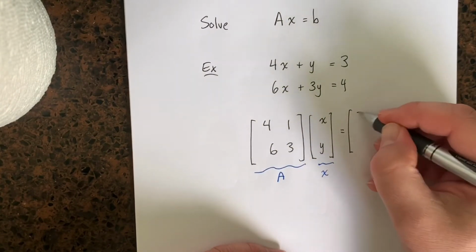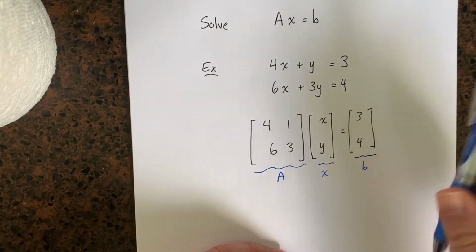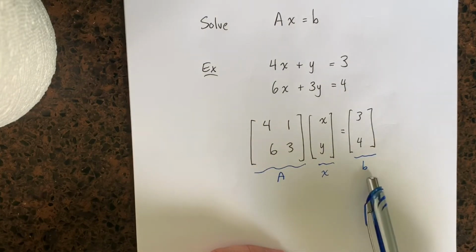And then the constant vector 3, 4 as b. Now we have it in the form Ax equals b.